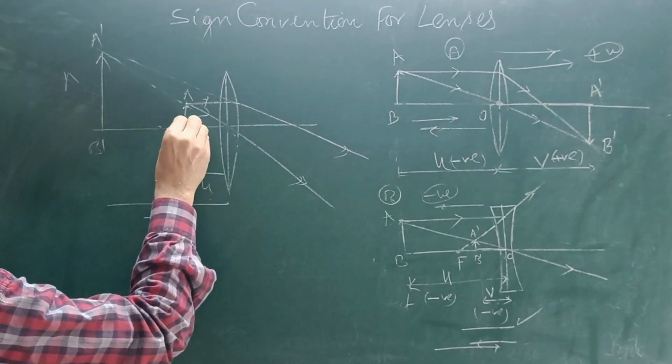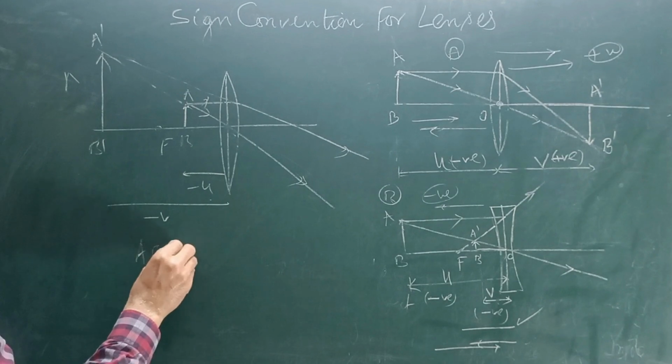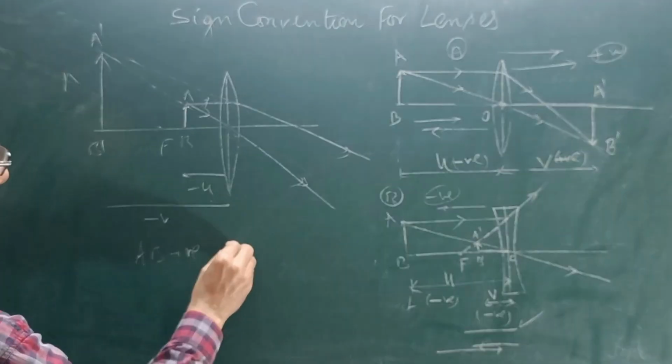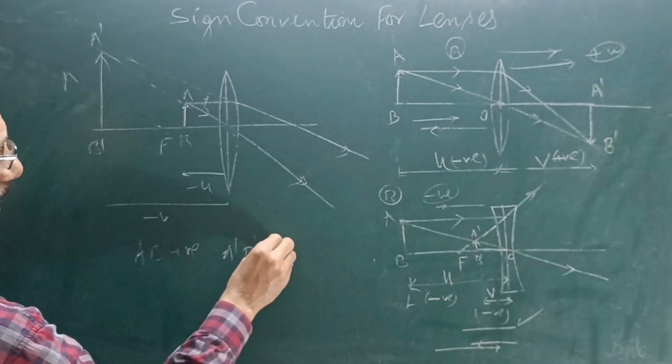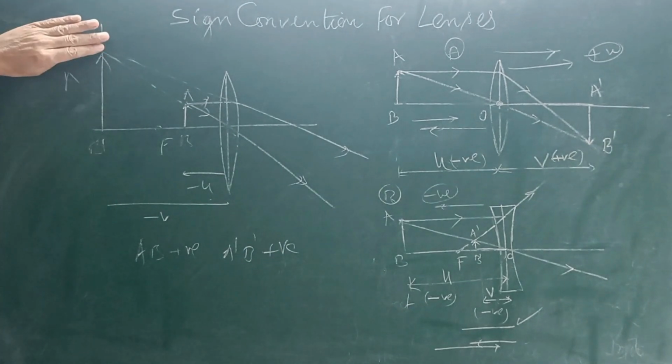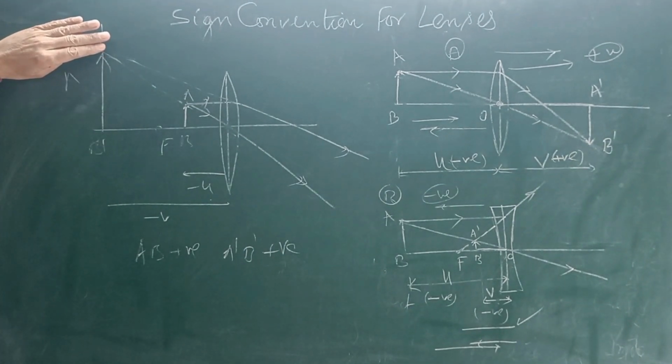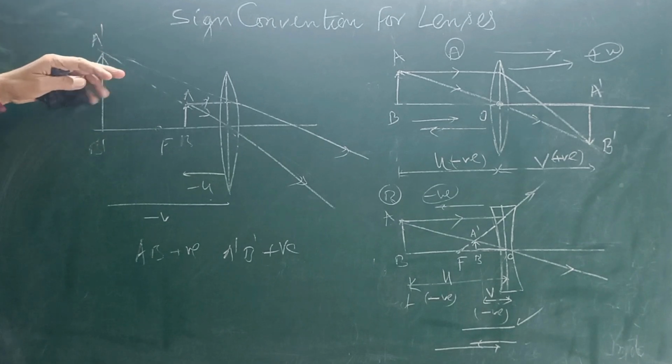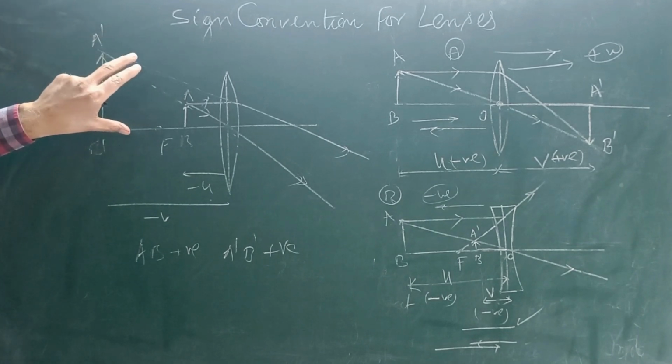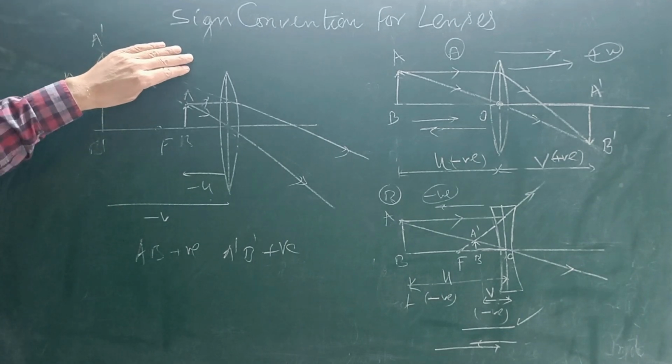And here AB is positive, so is A dash B dash, because it is again above the principal axis. So these are the situations in case of convex lens.